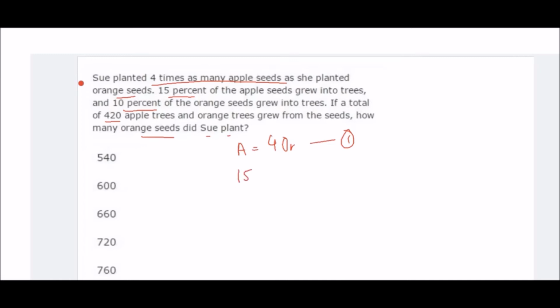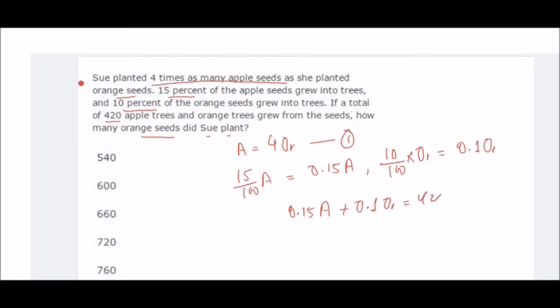Next, 15% of the apple seeds grew into trees. So 15% of A grew into trees, that is 0.15 times A, and 10% of orange seeds, that will become 0.1 OR, and total 420 apple trees and orange trees grew from the seeds, that is 0.15 A plus 0.1 OR is 420. Then we have to find out how many orange seeds.